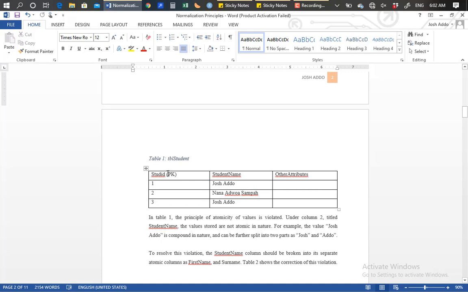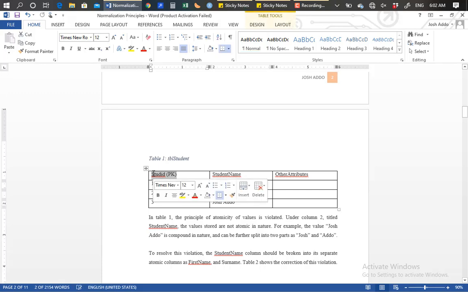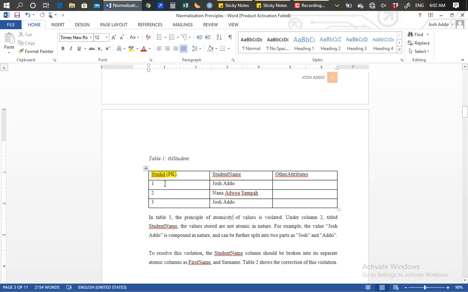In table 1, without this column which has the heading student, and let's say the table has student name, date of birth, and hometown, so let's say other attributes.